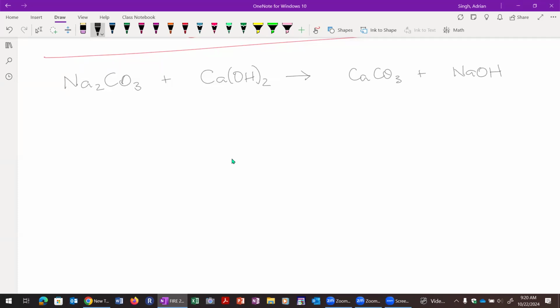Okay, so this looks a little bit more involved or complicated than the ones we saw previously, because there seem to be a lot more atoms involved, and it looks a little bit more complicated just in terms of the formulas. But we can simplify this so it's a lot easier to interpret. We're going to do the same thing. We're going to list the atoms that we have. We can see here we have our sodium on the left and the right.